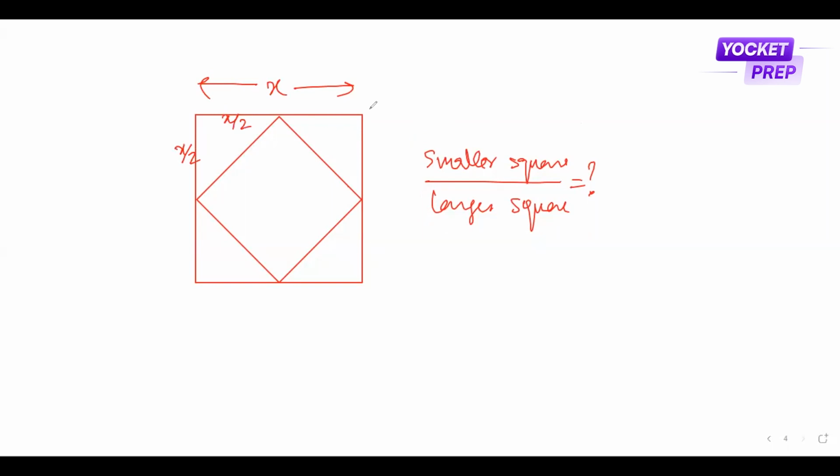Observe, x is not important really, because if x were important, then your answer would be in terms of x, and then obviously the answer cannot be determined. You will not get an answer at all if it keeps on varying with x. So you have to realize that when you are asked what is the ratio of area, and you are expected to give a numeric answer, the actual length doesn't really matter.